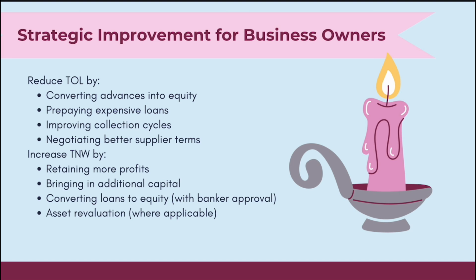Now how can you reduce your TOL, that is your total outside liability? You can convert your advances into equities, that is your unsecured loans. You can convert them into quasi equity. We have discussed in debt equity ratio, you can go there and check what is quasi capital, right? Now you can prepay your expensive loans, improve your collection cycles, that is your creditors, negotiate better terms with suppliers, right?